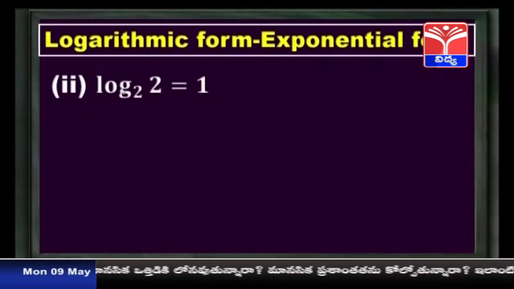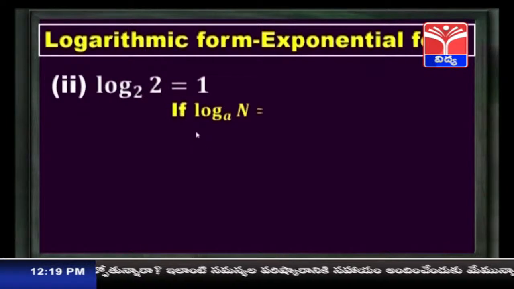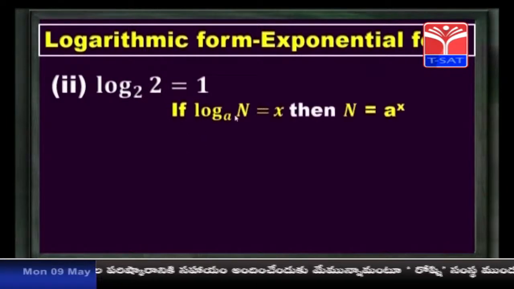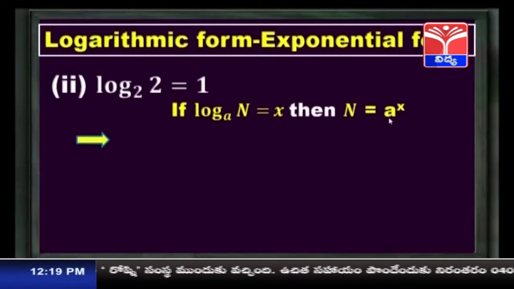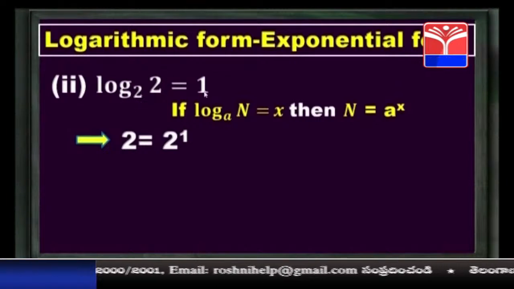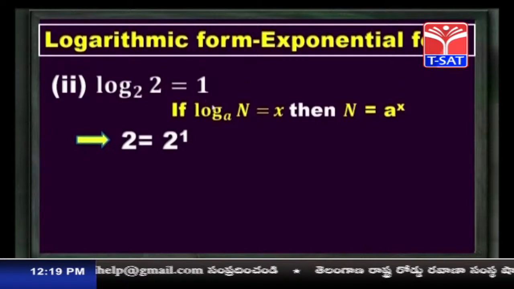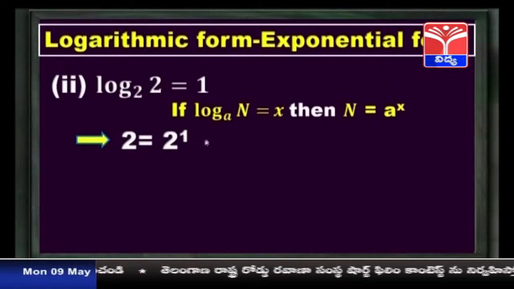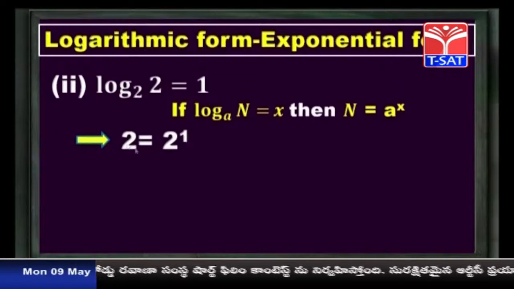Now the second problem, log 2 to the base 2 is equal to 1. Let us convert this to exponential form. Log n to the base a is equal to x, then n is equal to a power x. So we can write 2 is equal to the base sent to the right hand side, so 2 is equal to 2 power 1.